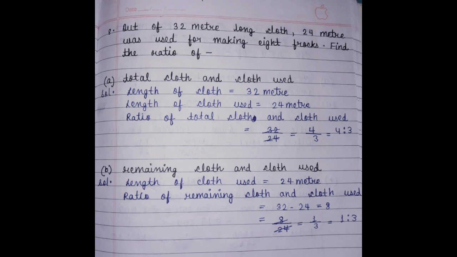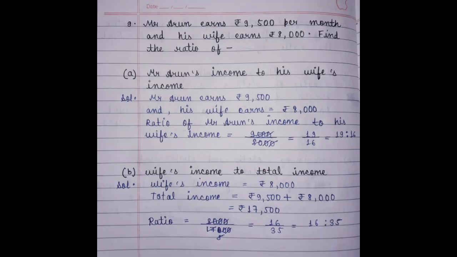So let's see our ninth question. Our ninth question is, Mr. Arun earns rupees 9,500 per month and his wife earns rupees 8,000. Find the ratio of Mr. Arun's income to his wife's income. Mr. Arun earns rupees 9,500 and his wife earns rupees 8,000.